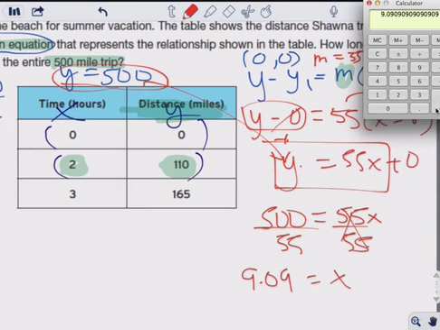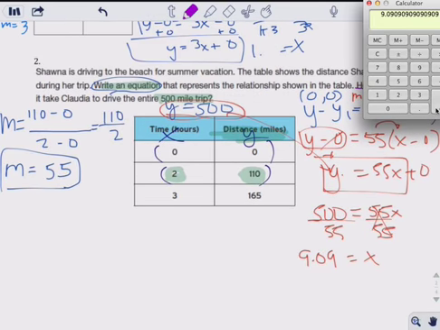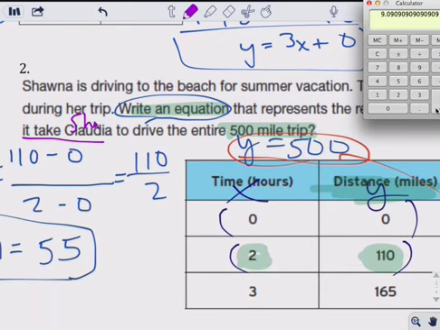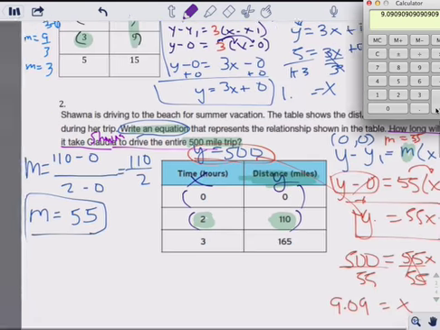9.09. The question asks how long it takes Claudia, no, this is not Claudia, it's Shauna, to drive the entire 500-mile trip. How long would it take her?